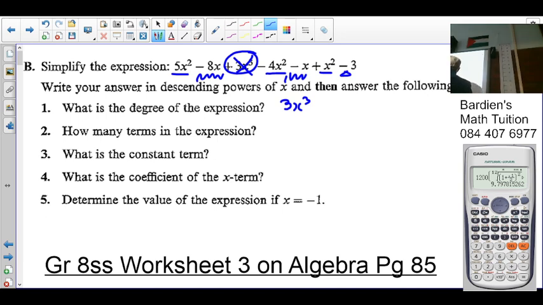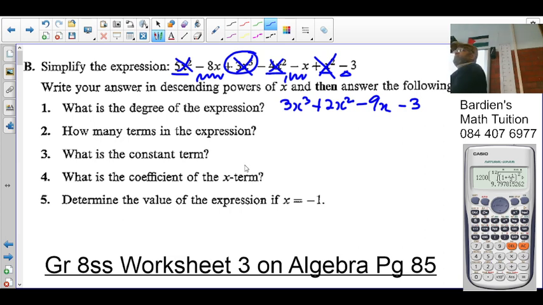And x squared plus x squared? 2x squared. So it's plus 2x squared. So that's also out. I'm just doing that so that I can make sure I have accounted for everything. What's negative 8x minus x? Negative 9x. Minus. So they have written it in descending powers of x as well.